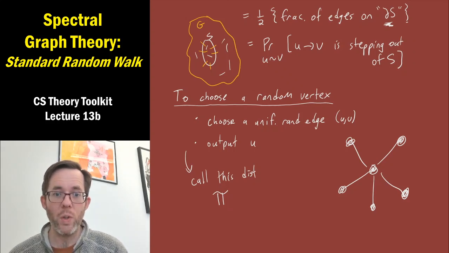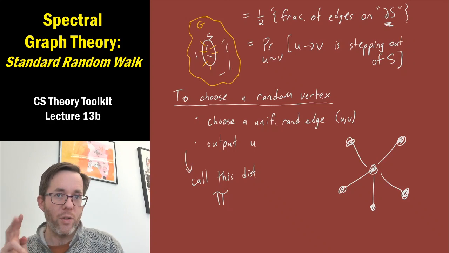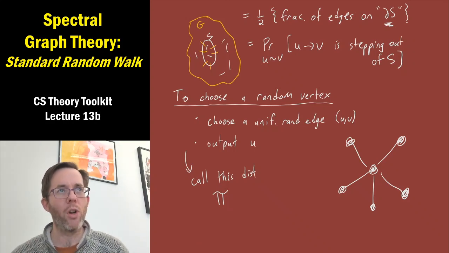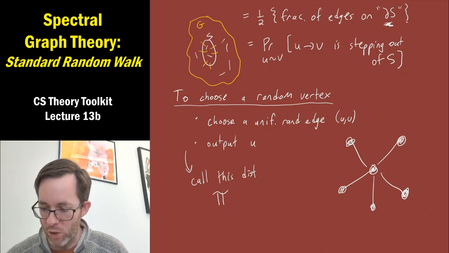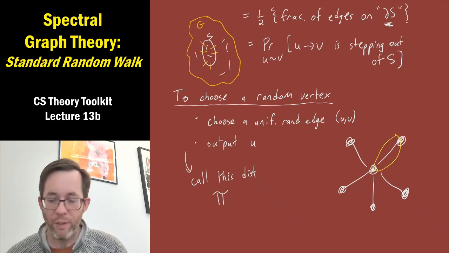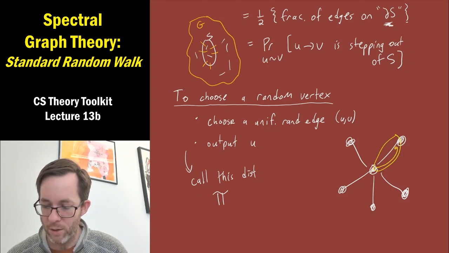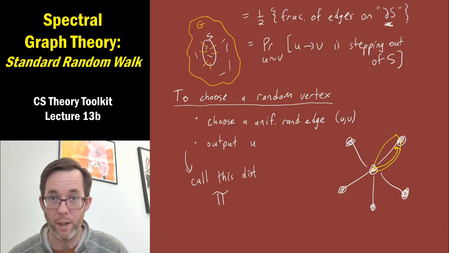And then we choose, let's say, the first vertex in that edge. Remember, when we draw a uniformly random edge, we think of it as being directed. So if we choose a random edge, perhaps we choose this edge at random. There's a 50-50 chance that we're doing the version that goes from the center vertex to the outside vertex, and a 50-50 chance we're doing the directed edge that goes from the outside vertex to the center vertex.